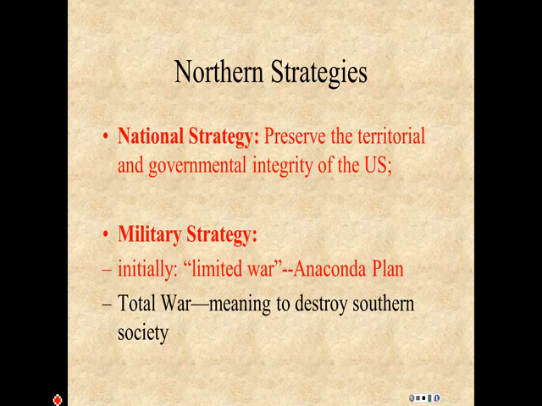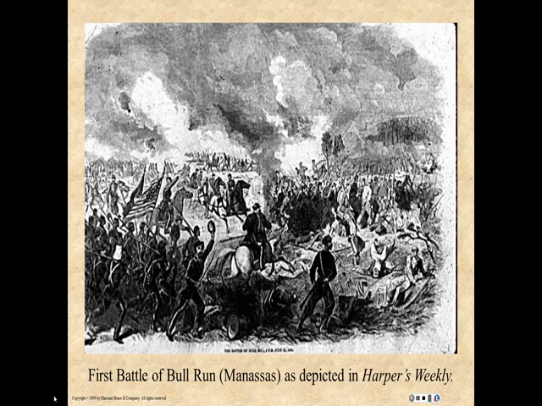They're going to have to abolish slavery, break Southern resistance, and so forth. This is going to be a larger war than some people believed in the first days, in the first weeks and months of war.